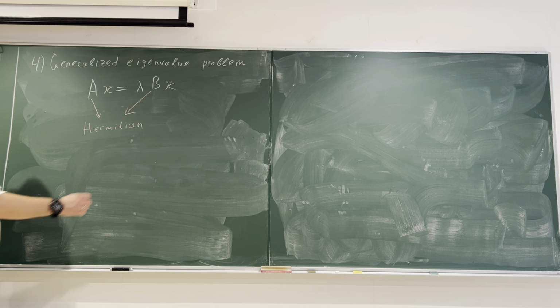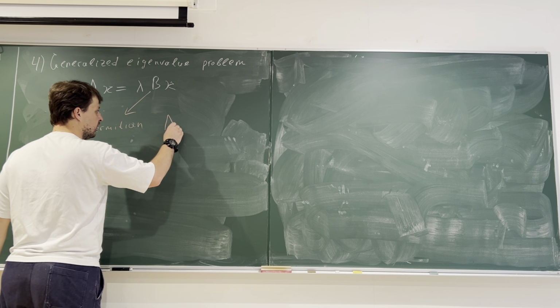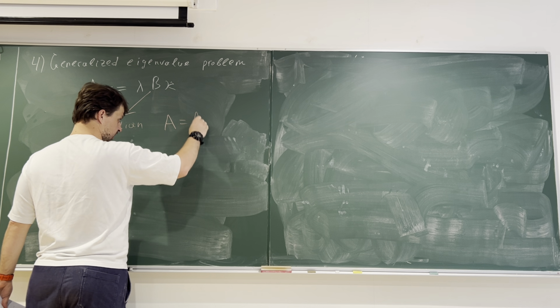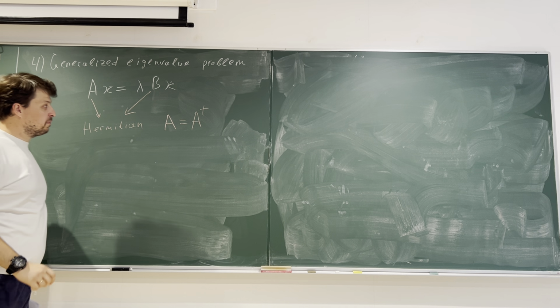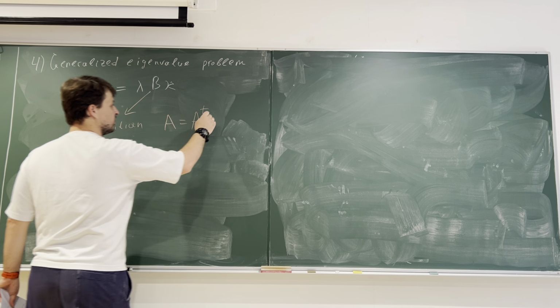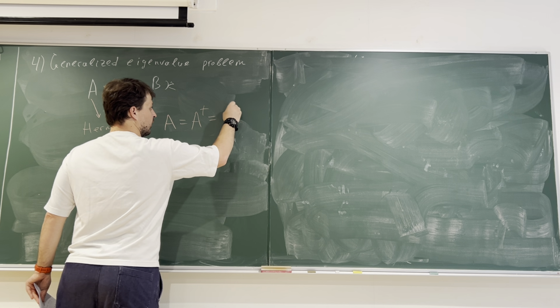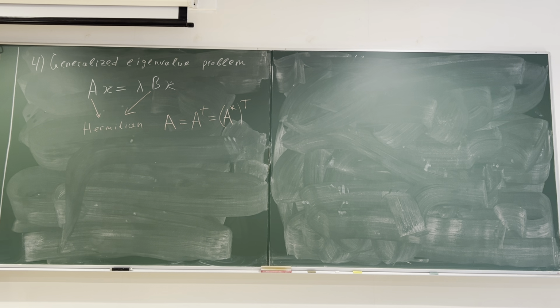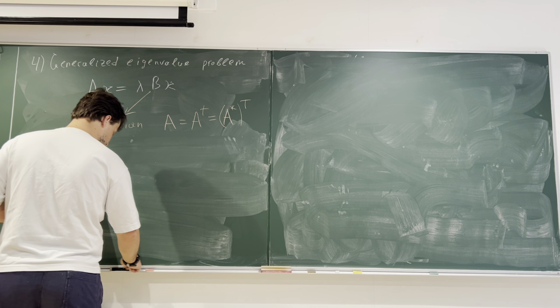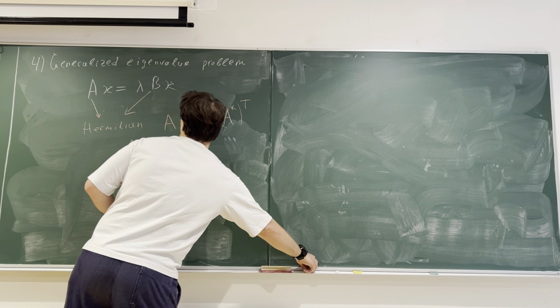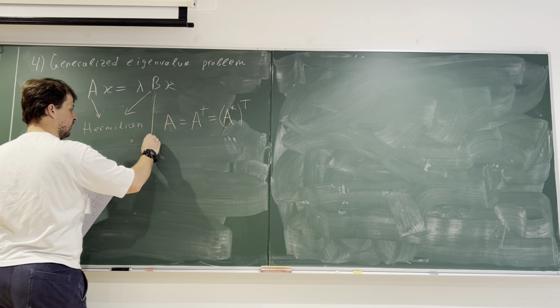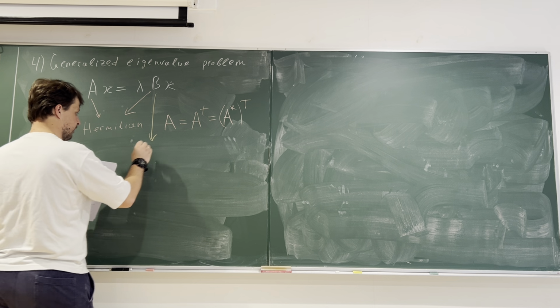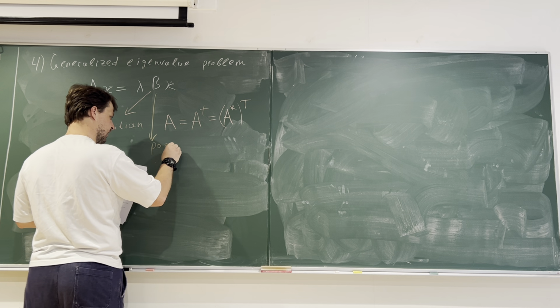But what do we say? Okay, matrix A is Hermitian. A is equal to A cross, which is this thing. So we first conjugate it and then transpose. And for B, we also want it to be positively defined.